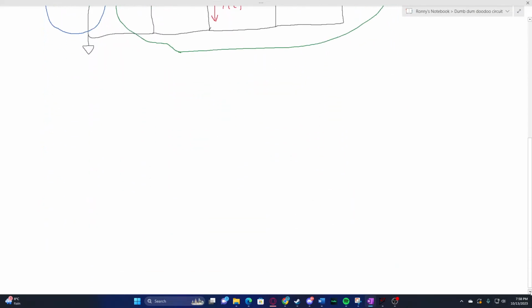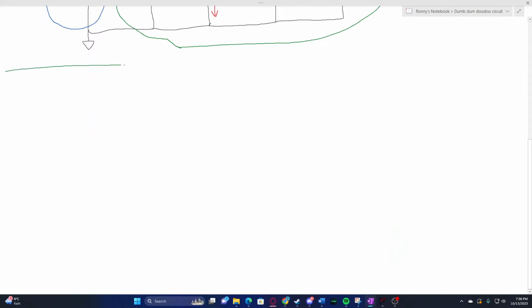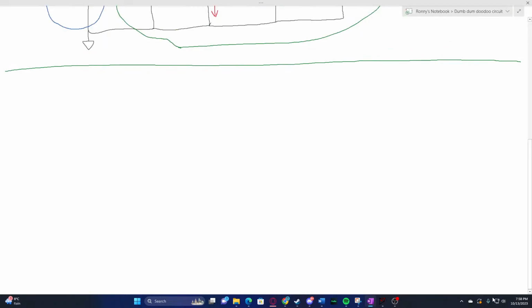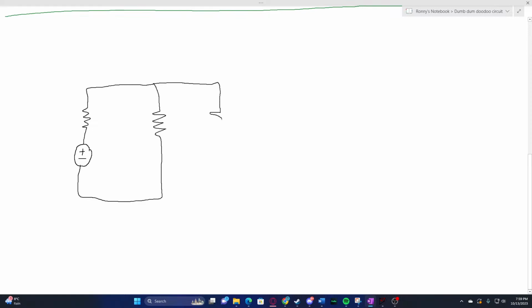So I'm going to redraw this circuit, I'll go back to black here. Strictly speaking, with our new circuit, we have a resistor like this and a capacitor.